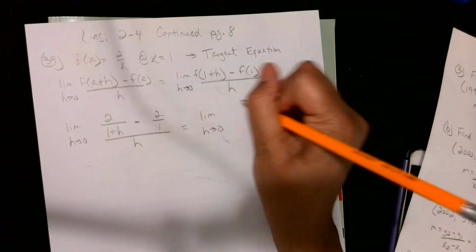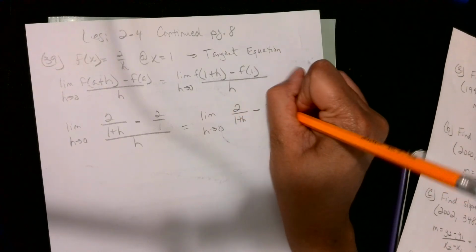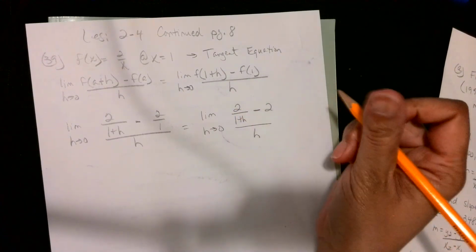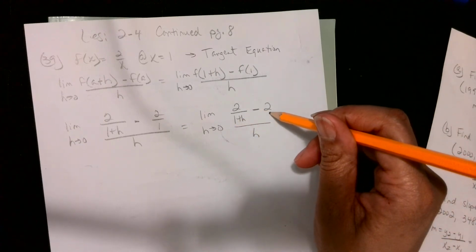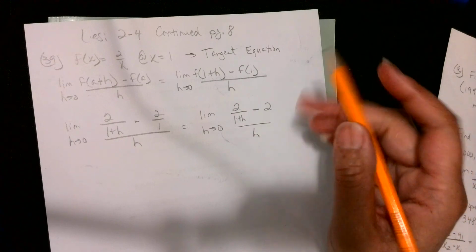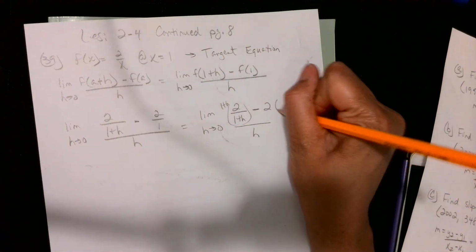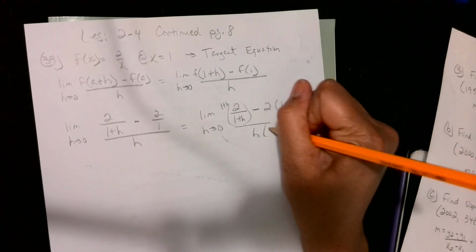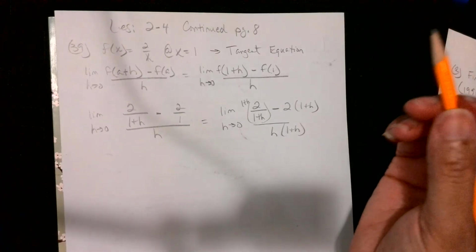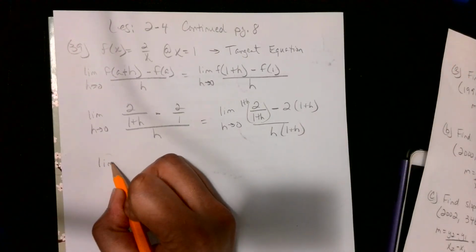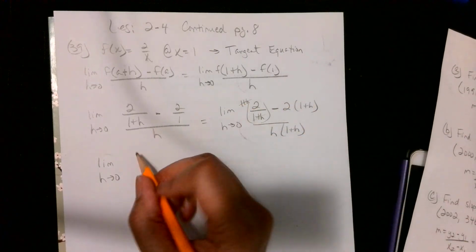It might be. So this would be 2 over 1 plus h minus 2, over h. And so the common denominator is just 1 plus h, because this is 1. And so anything times 1 is itself. So this would be 1 plus h. This would be 1 plus h. This would be 1 plus h. So that's gone, and you get 2.